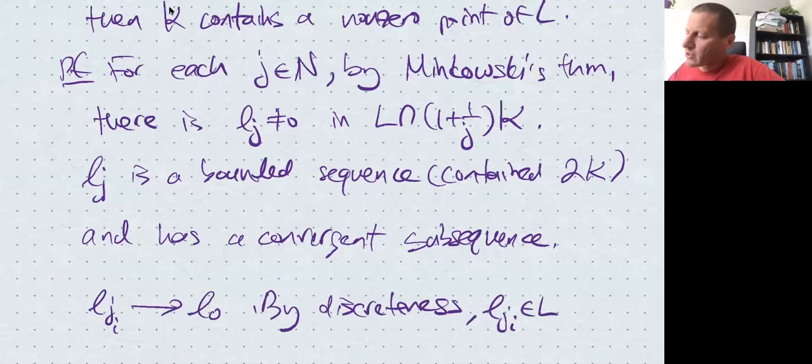L is closed, but the limit is also not zero, because the discreteness of L says that all of these points are not close to the origin by some definite amount.